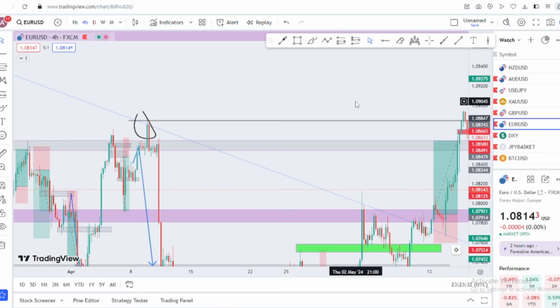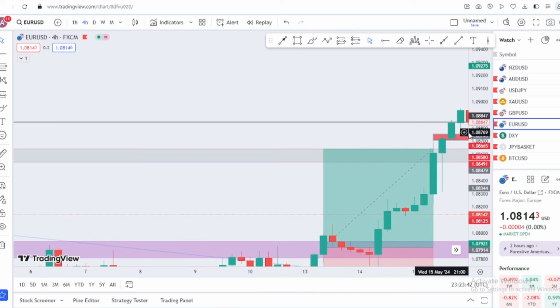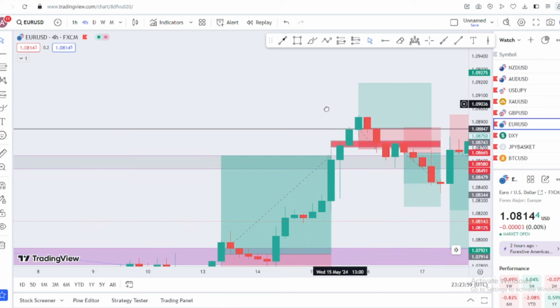Let's zoom out a little bit. You can see price closing above that resistance area. So what would they do? They'll put their entries like so, put their stop loss just below that zone, and target the next resistance area on the upside. And now what do you see?